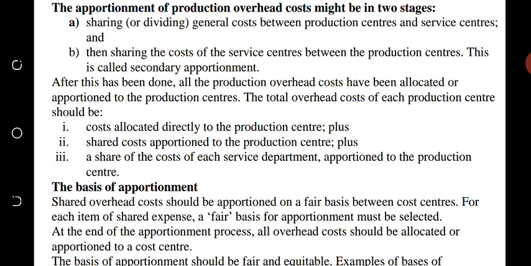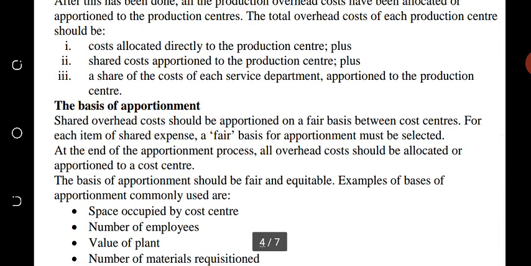You must know the total production center cost plus the shared cost apportioned to the production centers, and the share of the cost of each service department apportioned to the production department. Other costs included in other departments will now be shared or apportioned to the production department. So what is the basis of apportionment? How do we go about this apportionment?